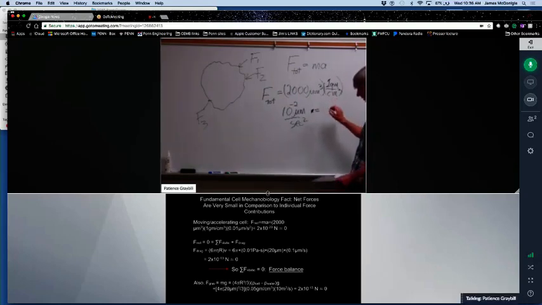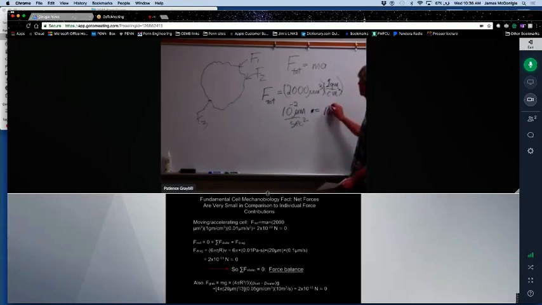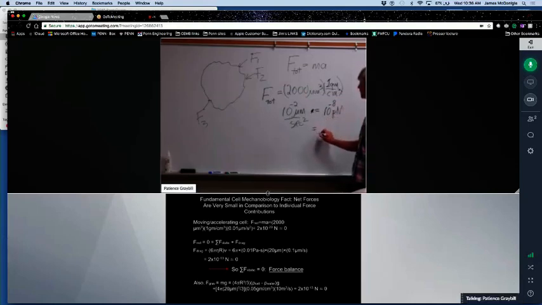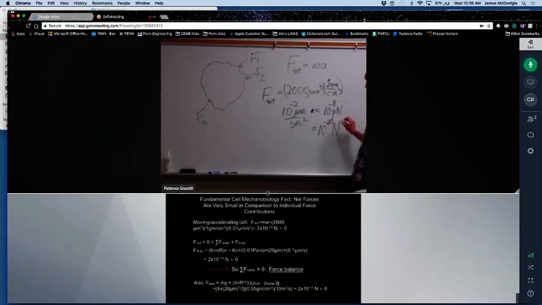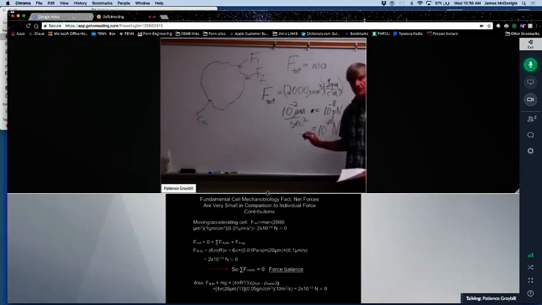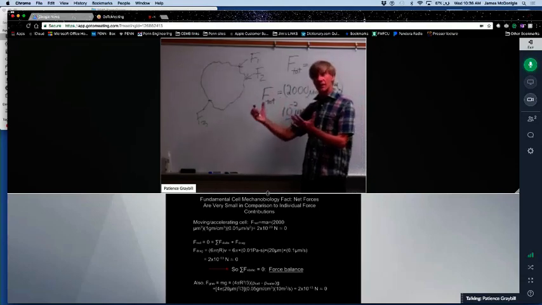And when you finally work this out, this comes out to about 10 to the minus 8 piconewtons, which is the same as 10 to the minus 20 newtons. Okay? So this is actually a very small net force. So in fact, there's basically zero force acting on the cell as it moves.